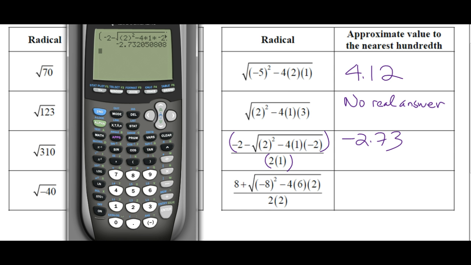Okay, I'm going to show you another way to do this. You should have multiple strategies, so you pick the one that works for you. It's really much the same. I'm just going to enter the top expression: -2 minus the square root of bracket 2, bracket squared, minus 4. I've now worked out the top, and then I'm going to divide that by the bottom.